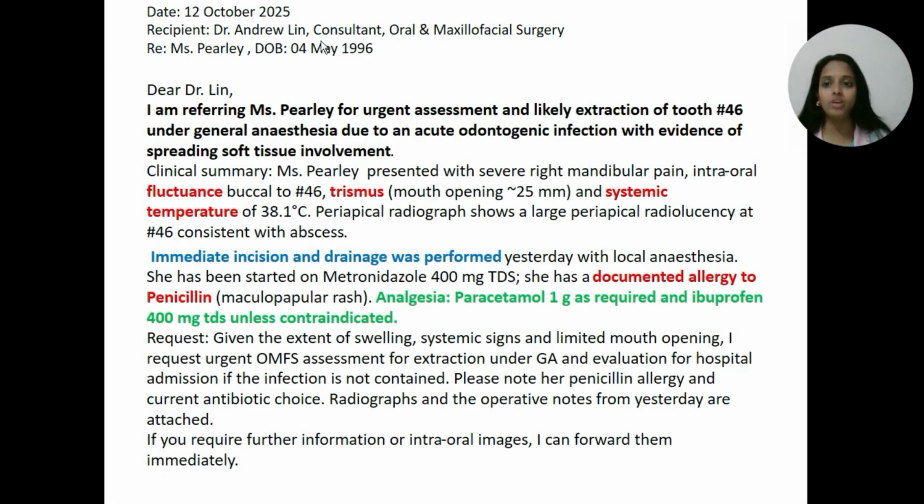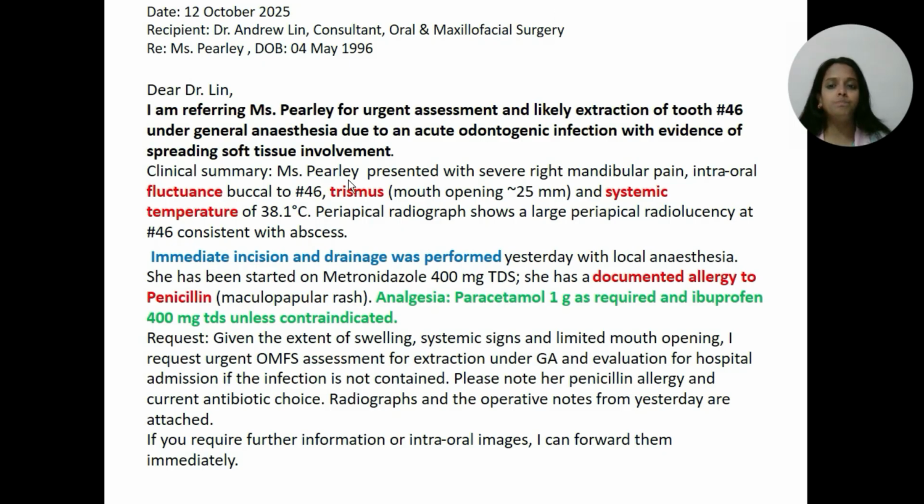Date I have given, recipient's name, and then regarding Miss Purley, date of birth 4 May 1996. Dear Dr. Lim, I'm referring Miss Purley for urgent assessment and likely extraction of tooth number 46 under general anesthesia due to an acute odontogenic infection with evidence of spreading soft tissue involvement.